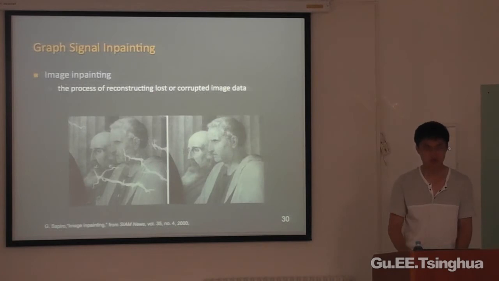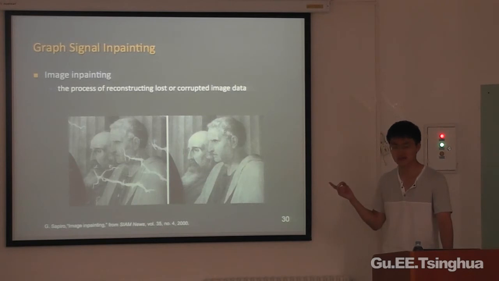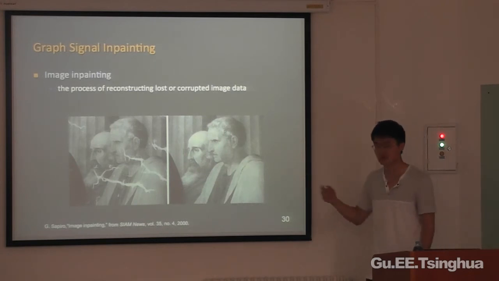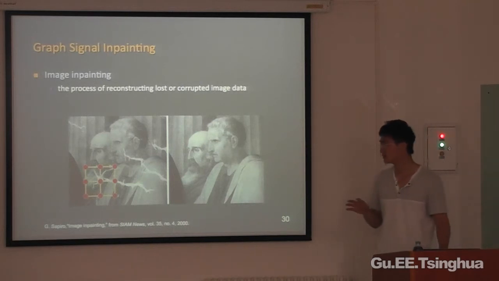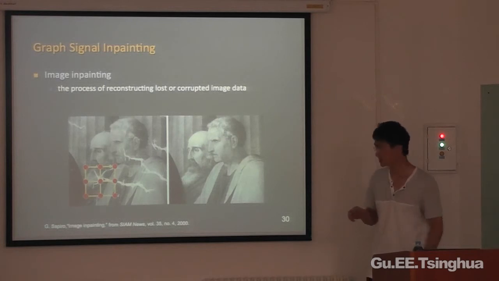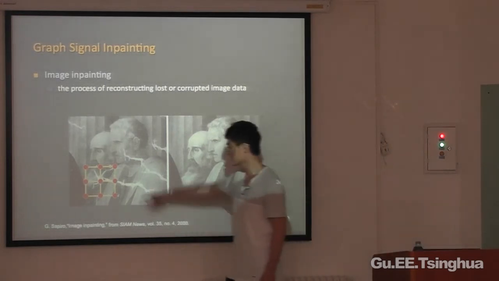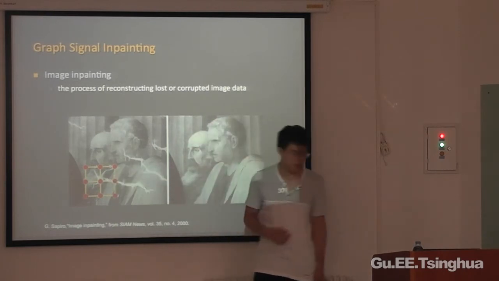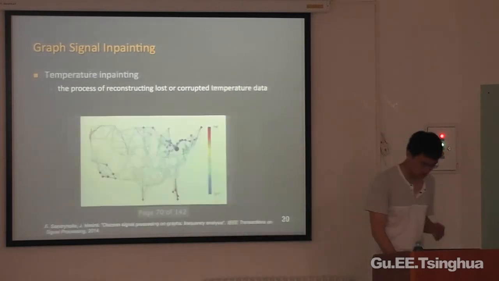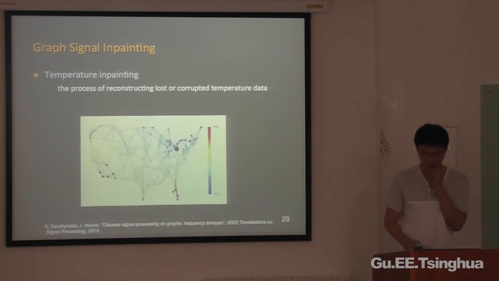We actually do a similar thing for image inpainting. For example, we have an image, and there are some cracks here, and we want to use some techniques to recover the missing part and get the original image. The image has a very regular structure, a grid structure. We have a lattice, and each node connects to its 4 neighbors. But for temperature, we don't have that kind of regular structure.